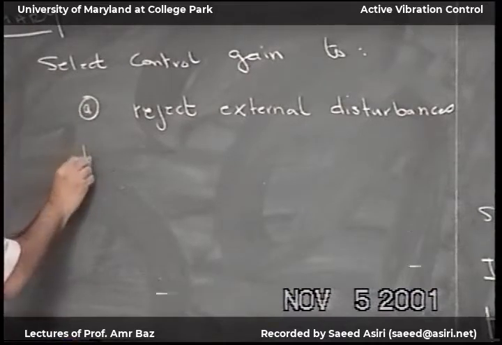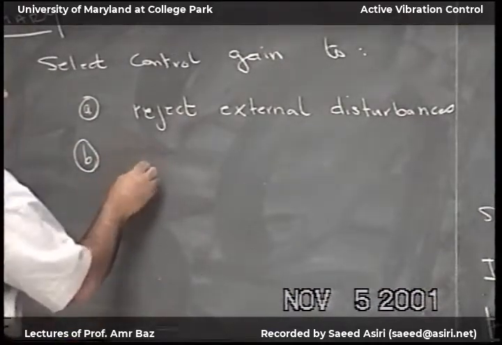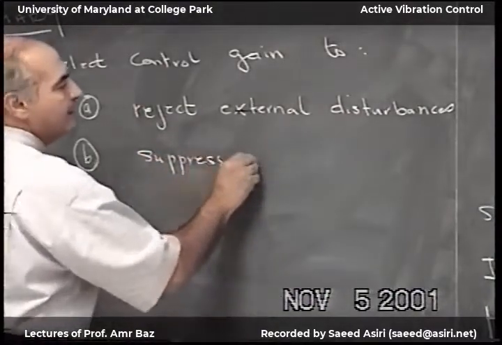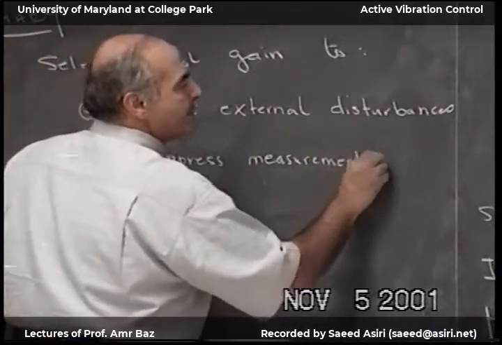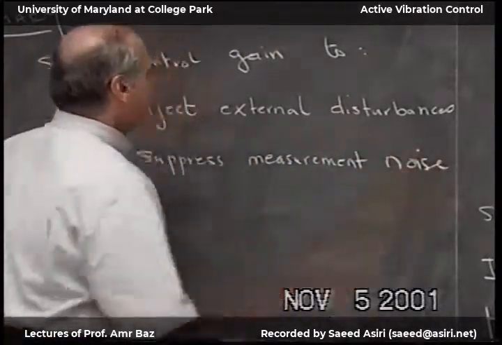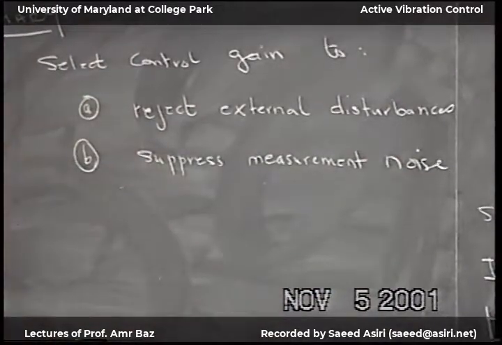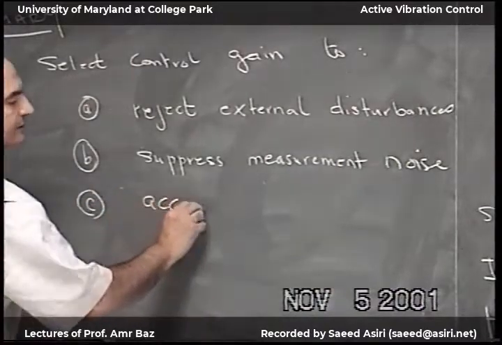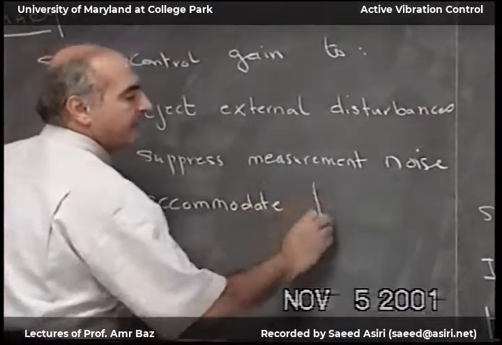Okay, number B, of course at the same time, suppress any measurement noise. There's no distinction between these, except in the S and the T. And then the last thing, number C, is to accommodate parameter uncertainty.